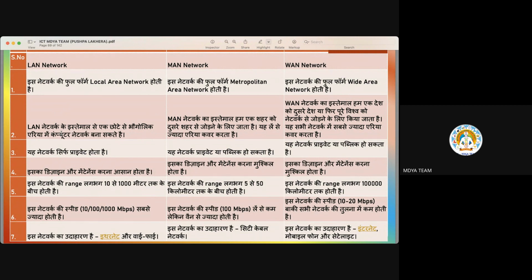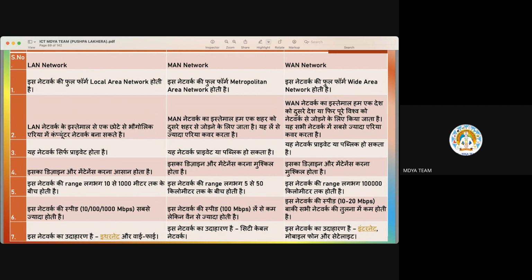Now, the designing and maintenance of a LAN is easier as compared to MAN and WAN, because they cover larger distances. So the equipment used to maintain those systems will be somewhat difficult, and cost wise also it is costlier.